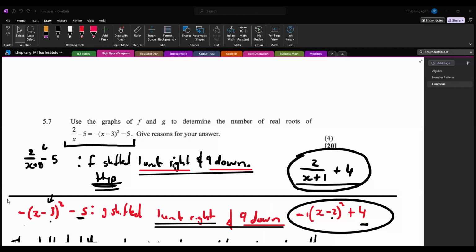Okay, then the original function of the hyperbola, we've got 2 over x plus 1, then I'm going to say plus x shift. And then that's plus 4. Yes, it's plus y shift.